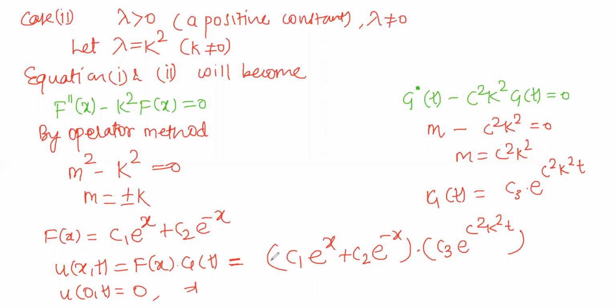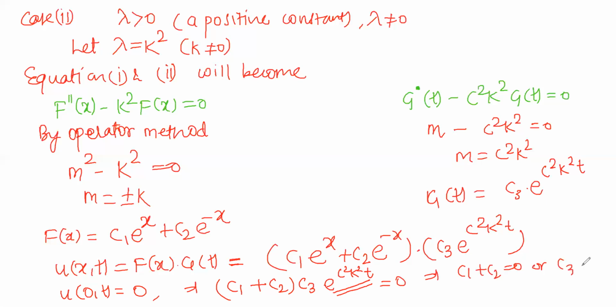So what I'm getting here is c1 plus c2 times c3 times e to the power c squared k squared t equal to 0. And now this quantity should not be equal to 0, because exponentials will never give you 0 unless t is minus infinity. So this implies either c1 plus c2 equal to 0 or c3 equal to 0.